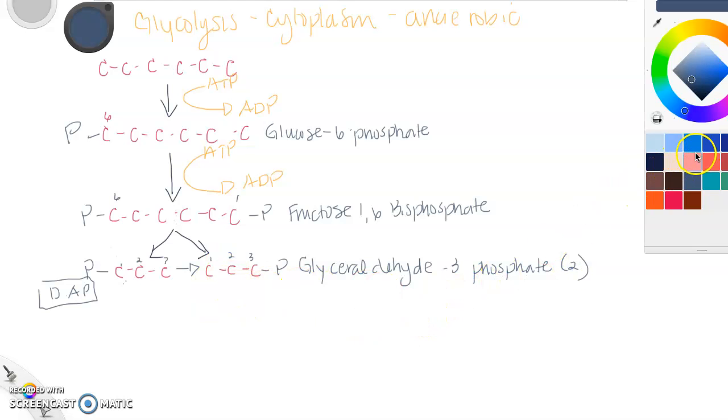From there, and let me make this line a little bit longer, we are going to convert this glyceraldehyde 3-phosphate into a 3-carbon molecule called pyruvate.